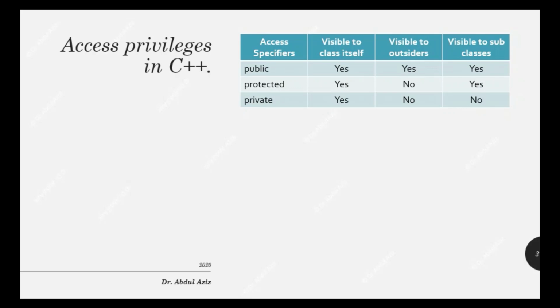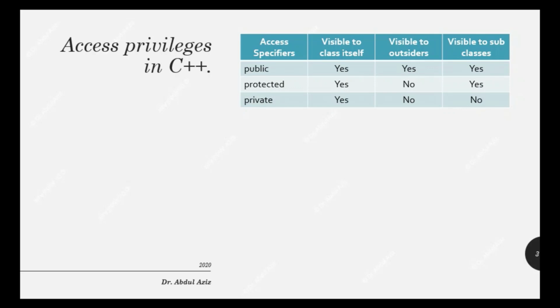Now what if I want to share my private and protected data to some outside functions? Because the outsider can only view the public data. Protected and private are kept encapsulated and they are not available for the outsiders.